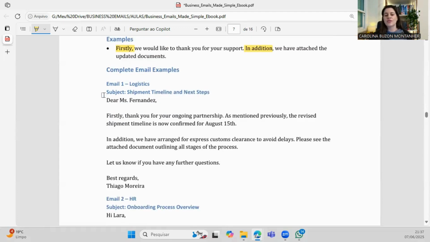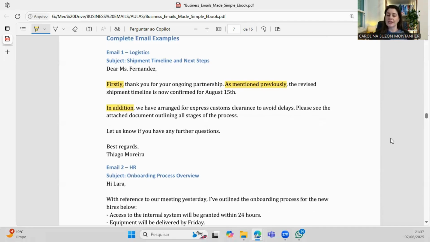The first one is from logistics, and the subject is shipment timeline and next steps. Dear Miss Fernandez, firstly, thank you for your ongoing partnership. As mentioned previously, the revised shipment timeline is now confirmed for August 15th. In addition, we have arranged for express customs clearance to avoid delays.